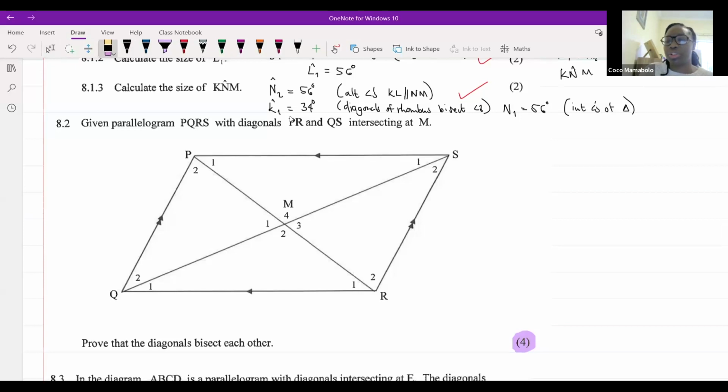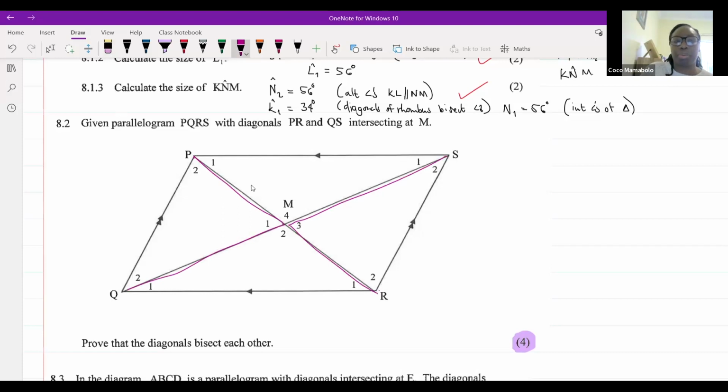We're going to remember that we want to prove congruence, but because we want to prove that the diagonals bisect each other, I want the diagonals to be included inside the triangles that I'm going to pick.